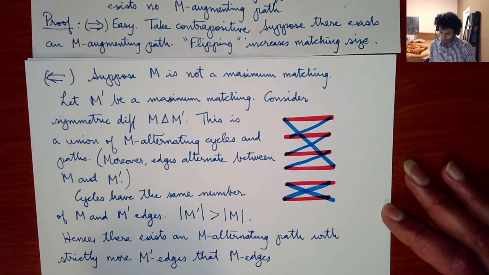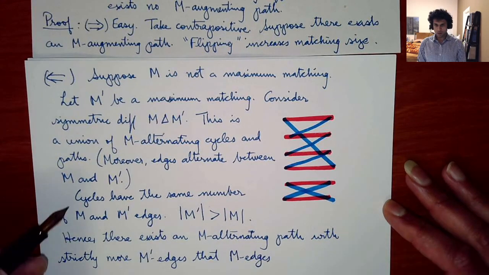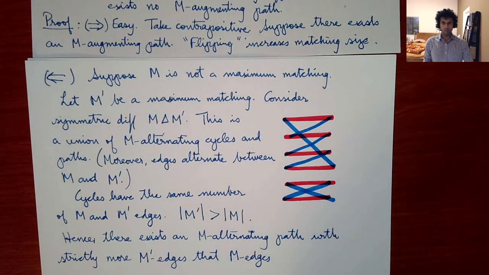Right? Because you started off with more edges in M prime. When you took the symmetric difference, the union is a collection of cycles and paths. One of the paths must have more M prime edges than M edges. It has fewer M edges.